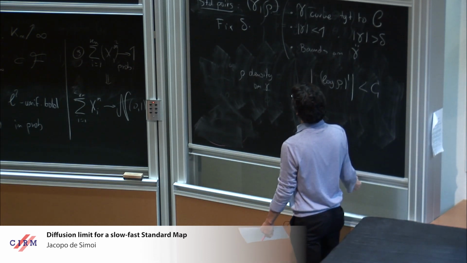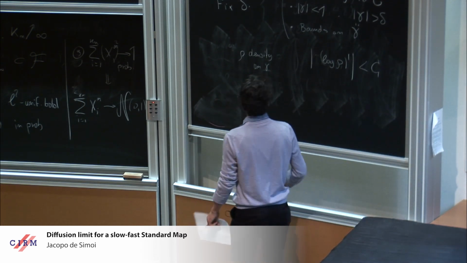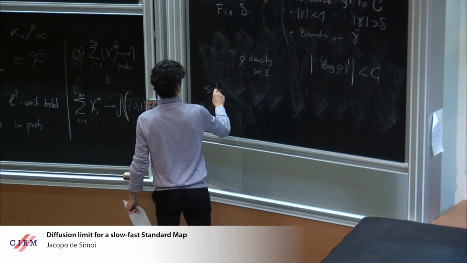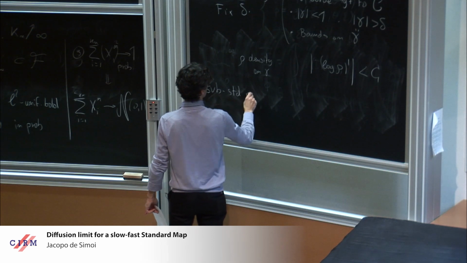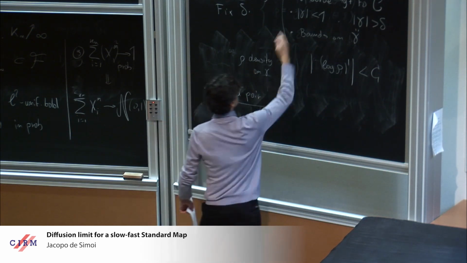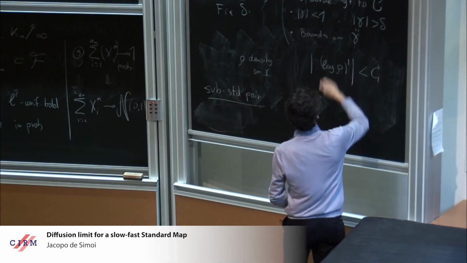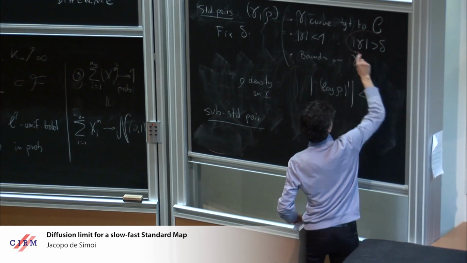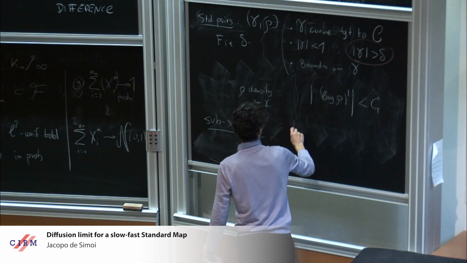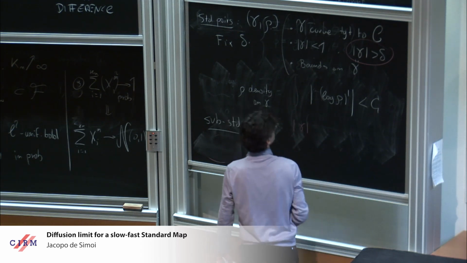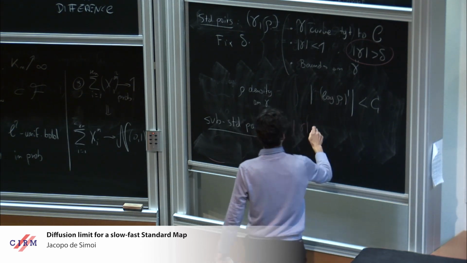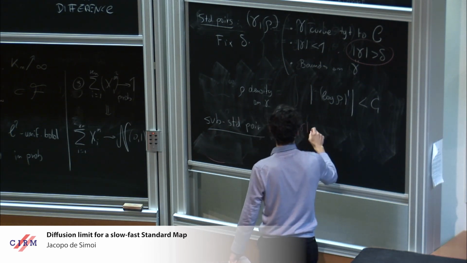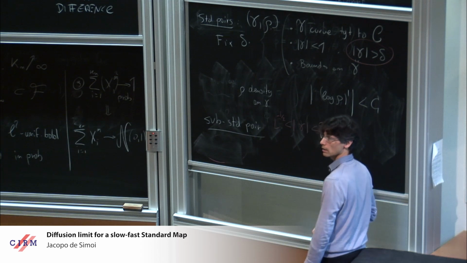And then I need to define a notion of a sub-standard pair, in which some of these things are relaxed. Essentially, I will relax two things. The first thing is that I will assume that the length of gamma is maybe not larger than delta, but is larger than at least L to some negative power, and smaller than delta.